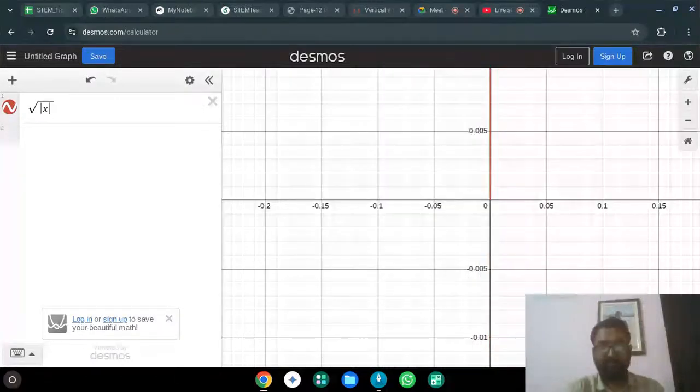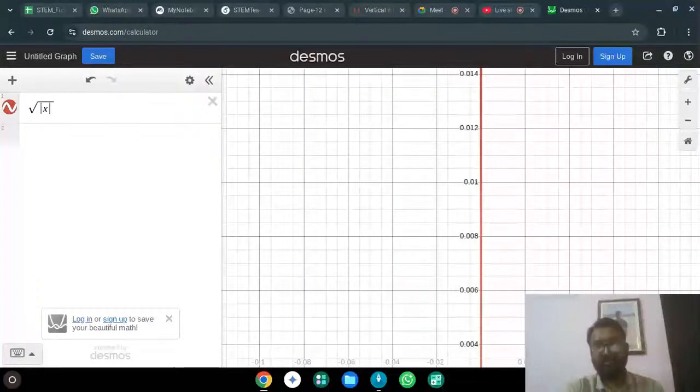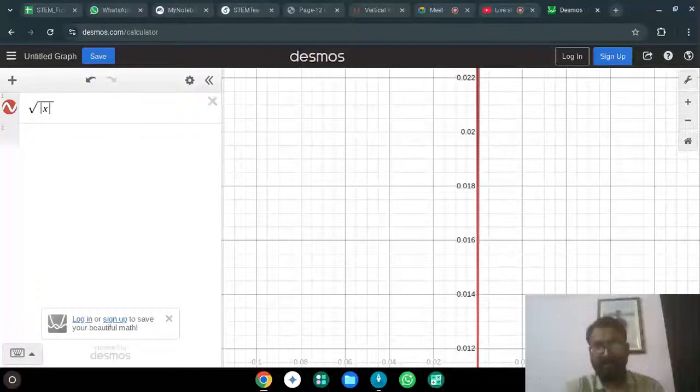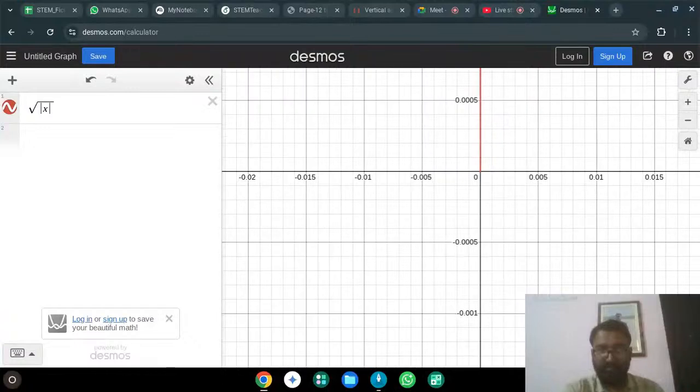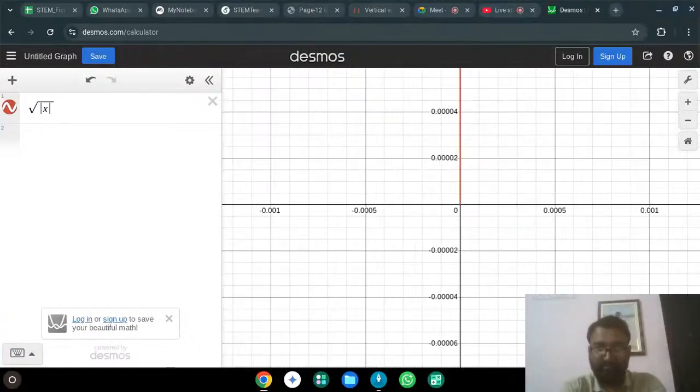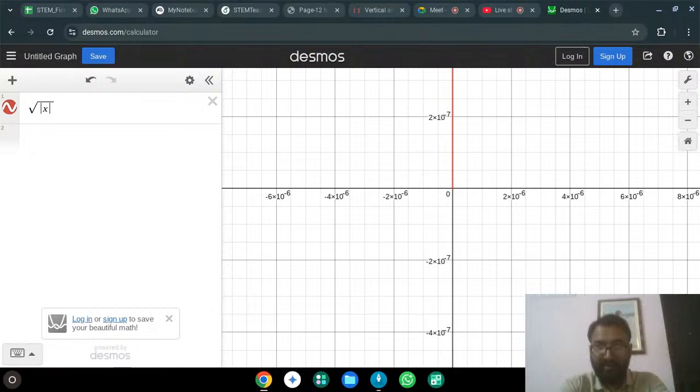Can you see the graph? What is the graph? Only one vertical line? It is not a vertical line. It is just like an upward parabola. There are two lines, but we have to zoom, zoom. We're going to minus 1 lakh. Can you see the graph?